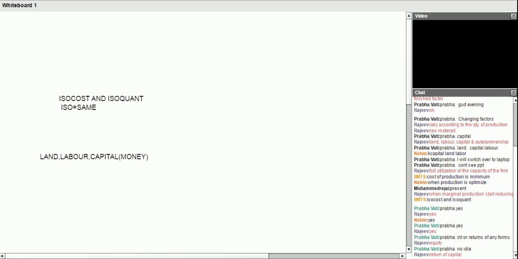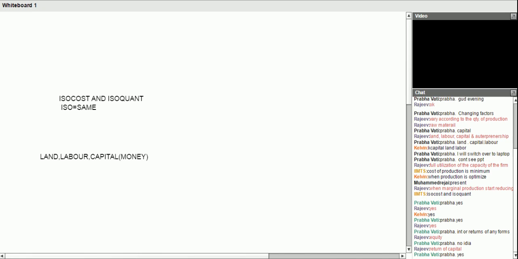Even if he is using his own money, he is letting go of the interest which he might have got from the bank if he had made an FD of that money. So in any case, the cost of capital is the interest which the producer is paying. Got that? Is this clear?